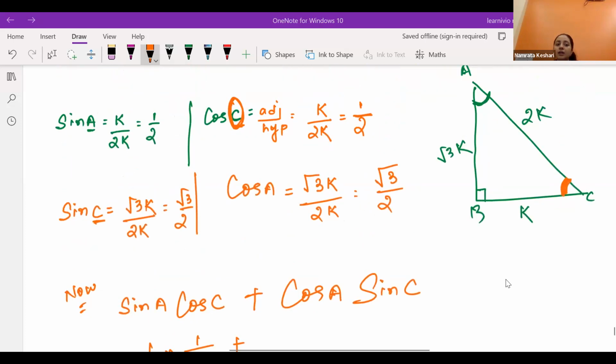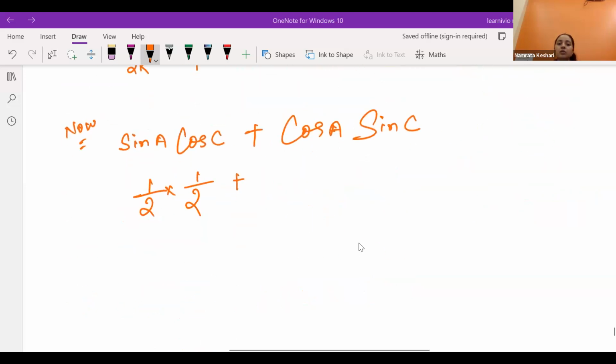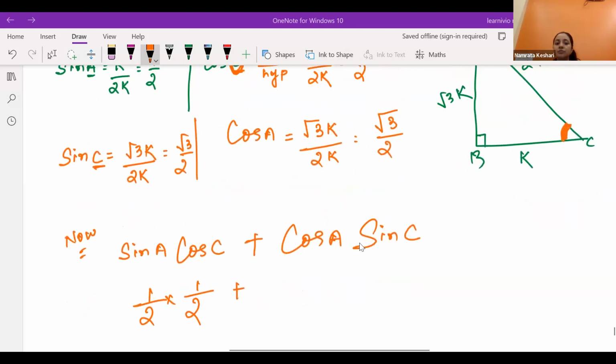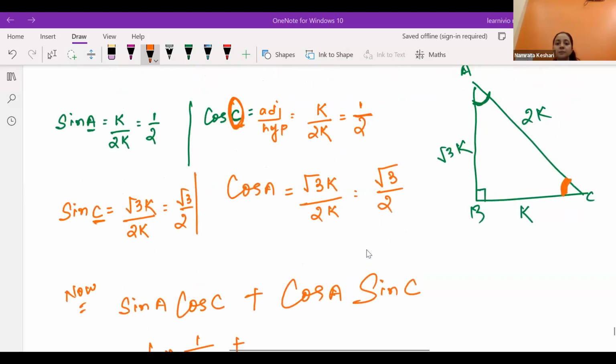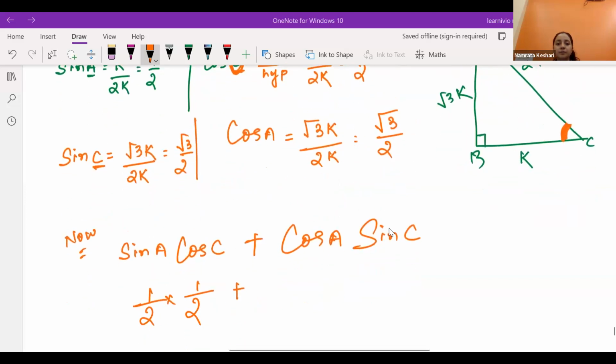With reference to the angle, the ratio will change, right? Yes, ma'am. Any confusion? If even 1% confusion is still there, I will explain it. No, ma'am, I just saw that C and A were different.